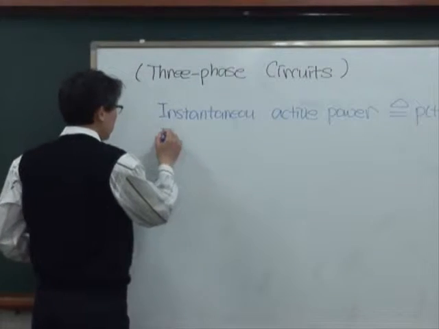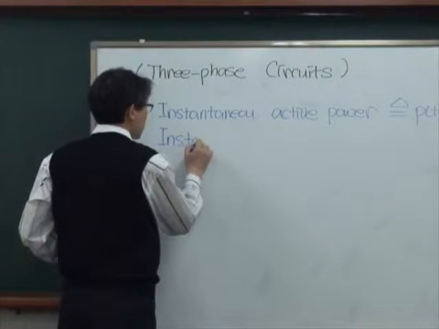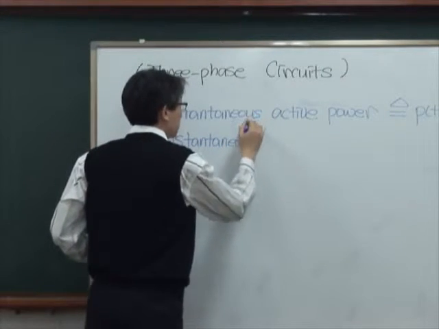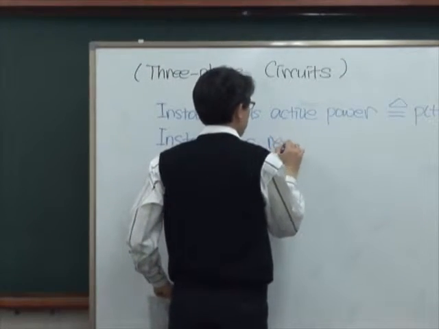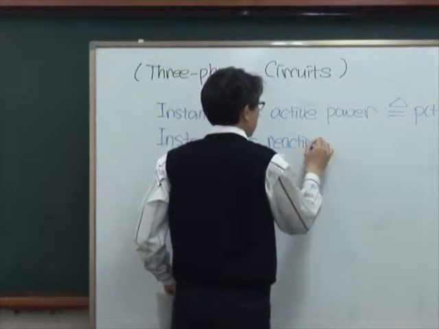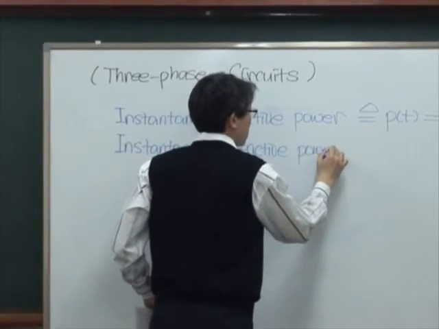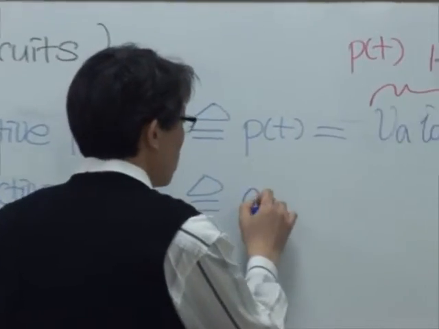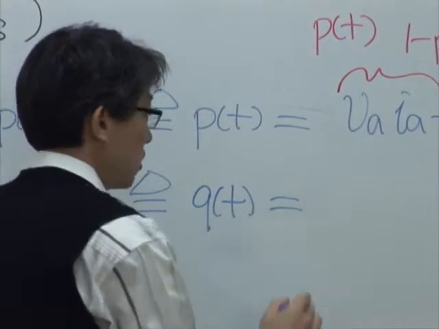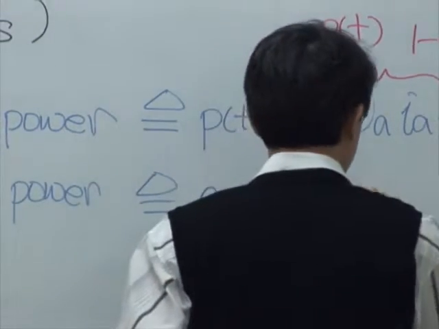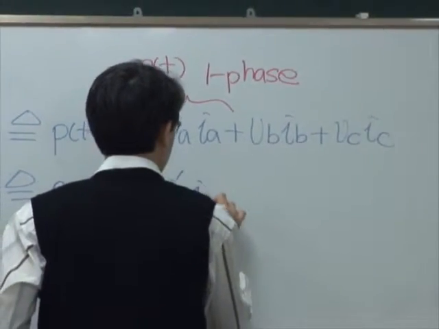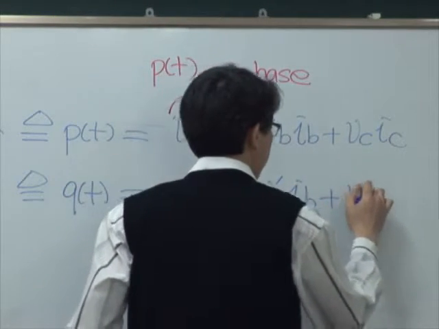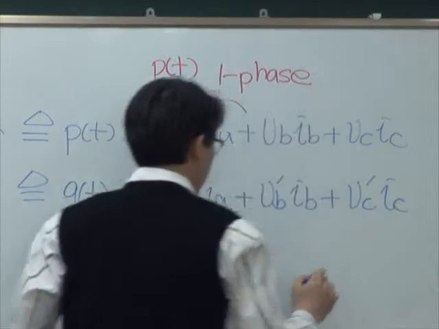Now what about the instantaneous reactive power? Now we use the term Q, and this was defined to be VA prime IA plus VB prime IB plus VC prime IC.